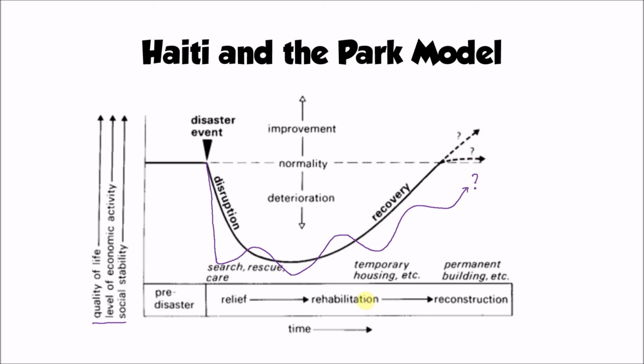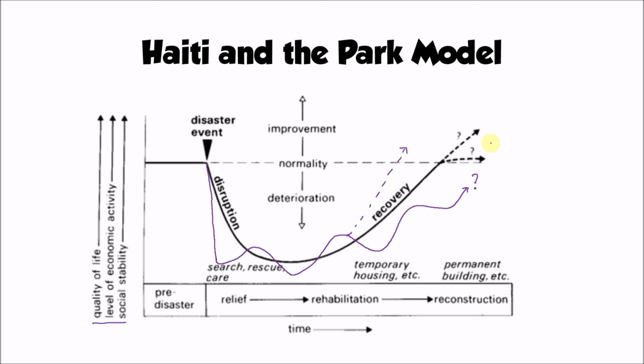There are some parts of the country, particularly some parts of the capital, that haven't returned to the level that they were before the event. Some places have. So for some parts of Port-au-Prince, they have recovered more quickly and the houses have been built back better and stronger. But for the country as a whole, you could argue that it's not quite reached the level that it was before.